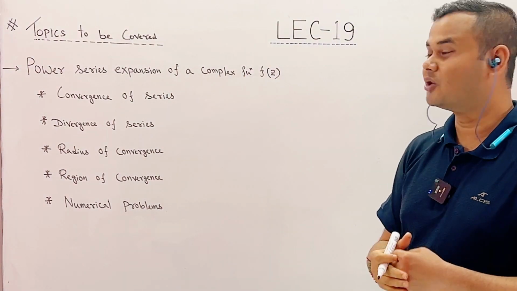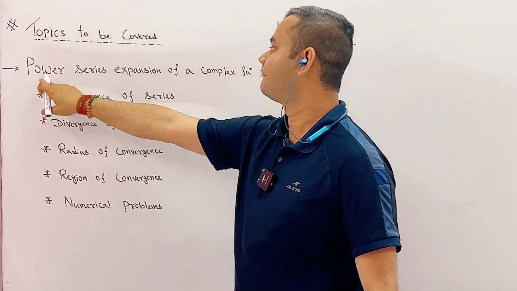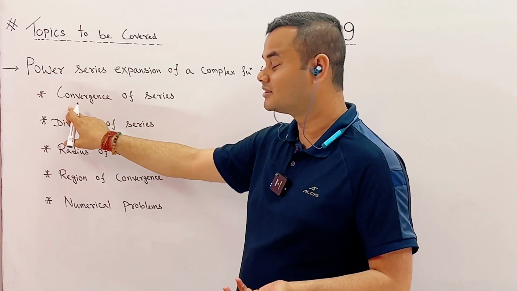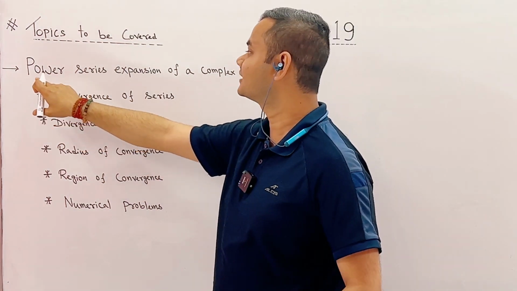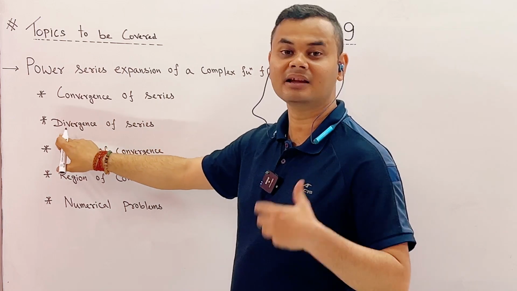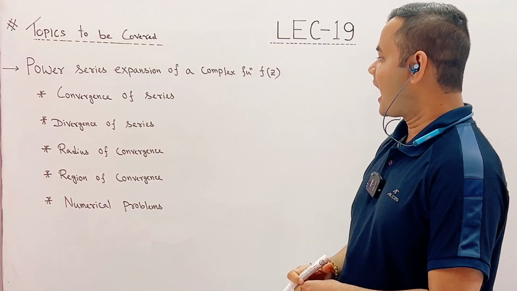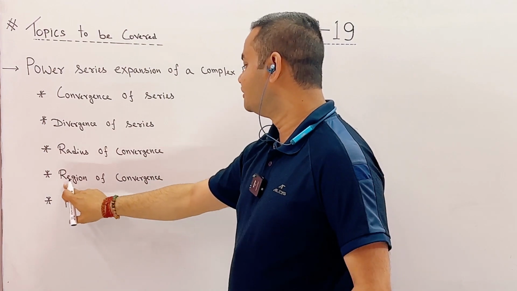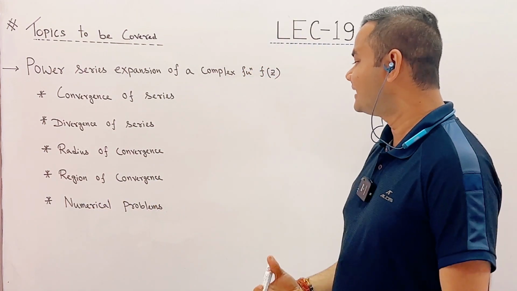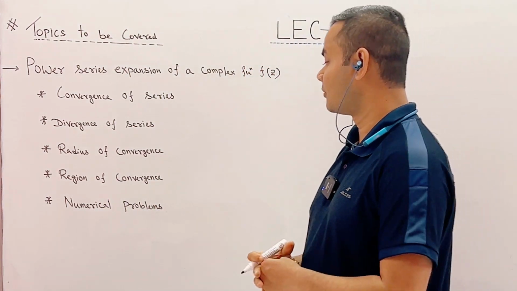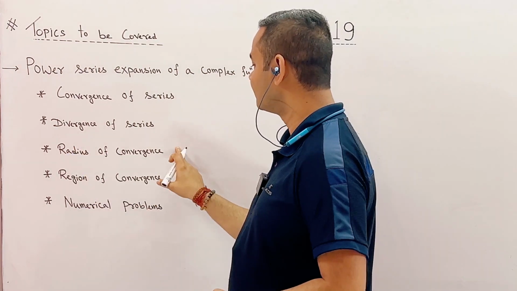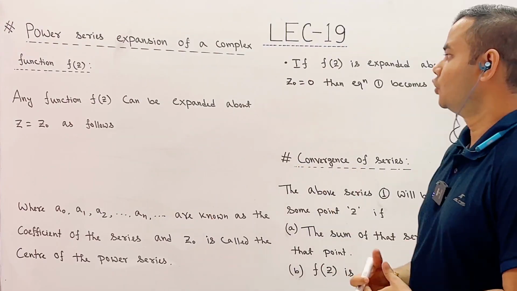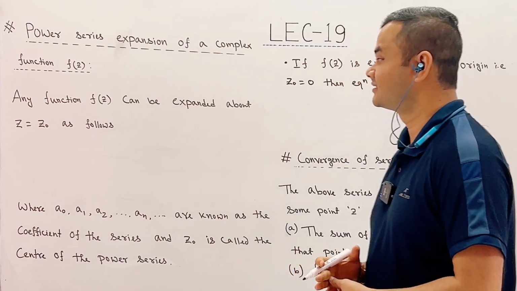Then I will talk about under what conditions a power series is said to be convergent and under what conditions a power series is said to be divergent. Then I will define what is radius of convergence and what is region of convergence. Finally, I will solve some numerical problems for finding radius of convergence and region of convergence. So, without wasting time, let's get started.